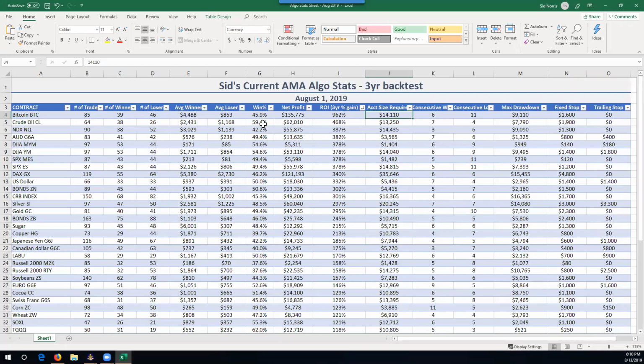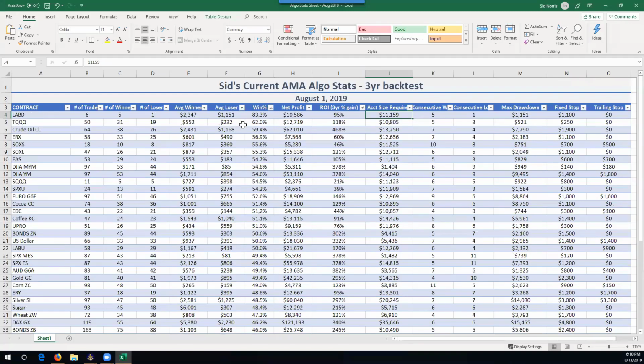And notice the winning percentage is quite excellent on the crude oil item. As a matter of fact, crude oil is third in winning percentage of all the 47 items. That algo wins about 60% of the time.